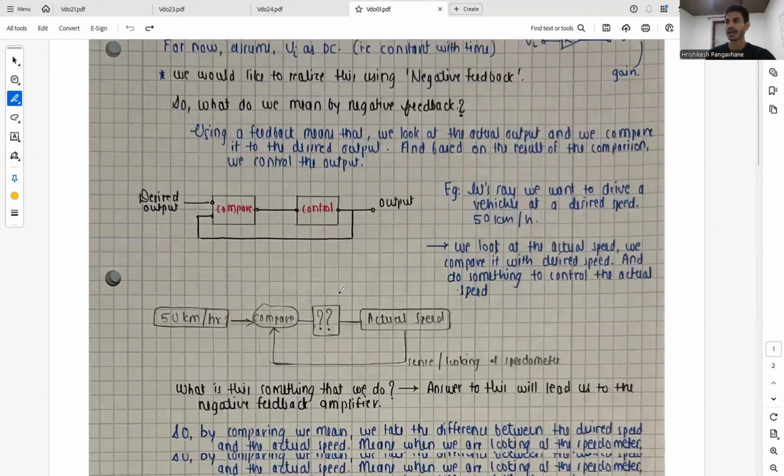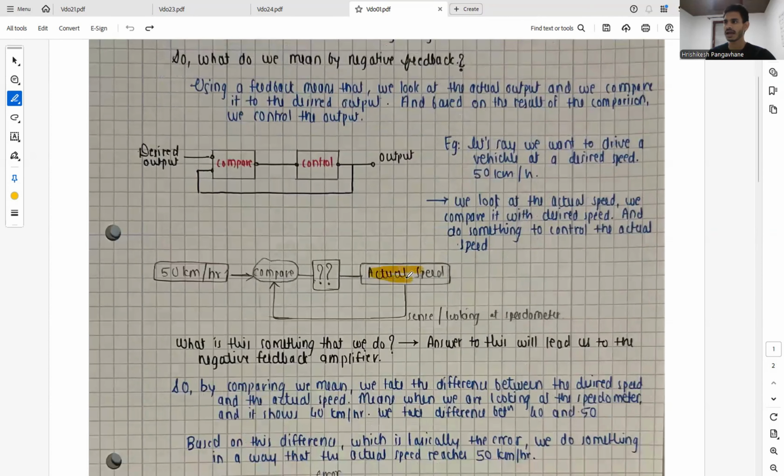So as of now, we are going at a certain speed, and we want our desired speed to be 50 kilometers per hour. So we compare the actual speed and the desired speed, and we do something so that our actual speed becomes 50 kilometers per hour.